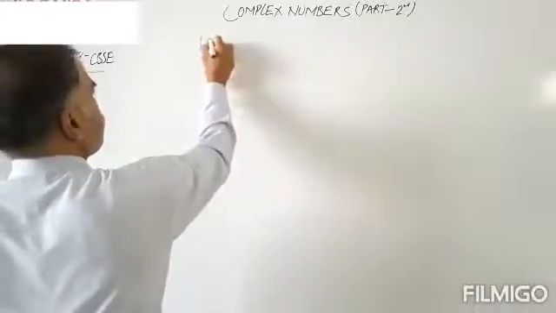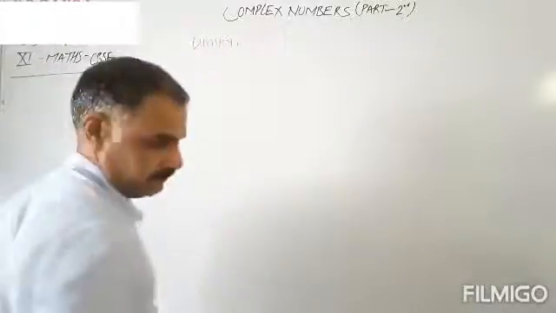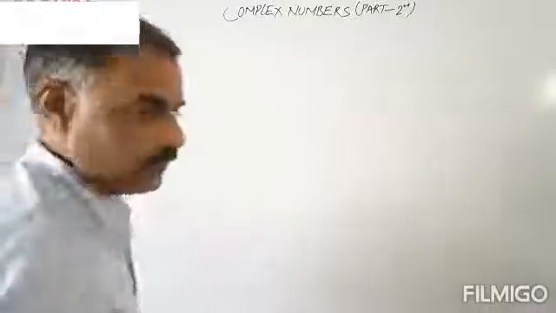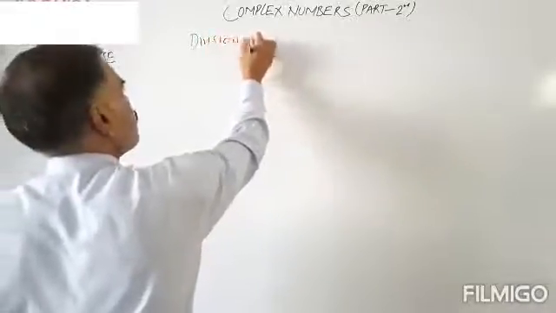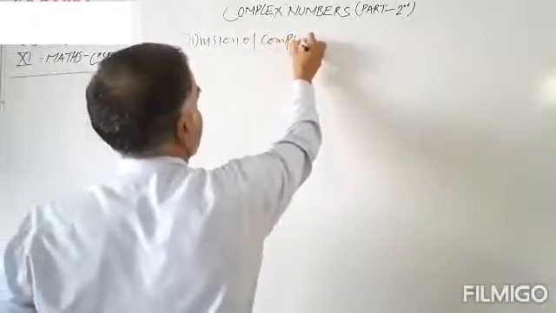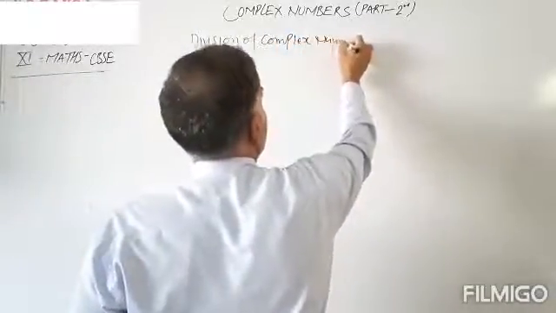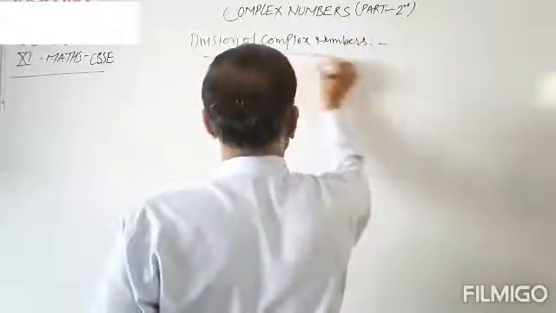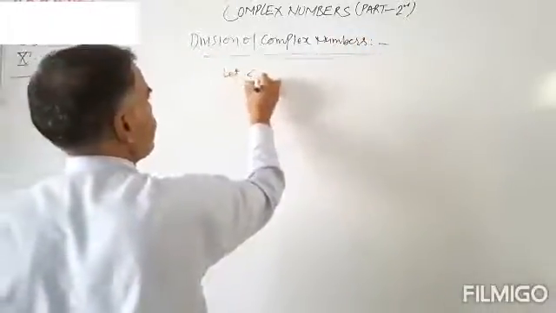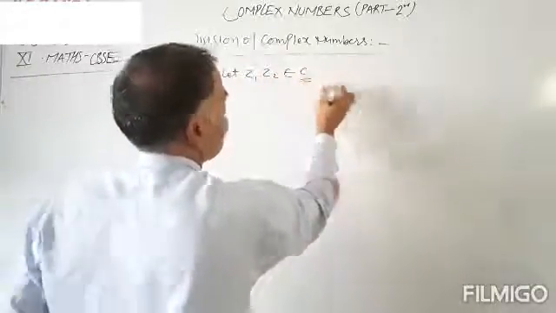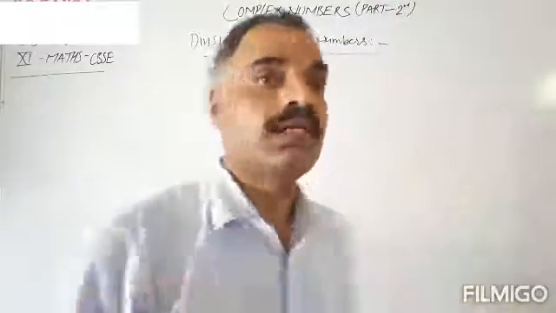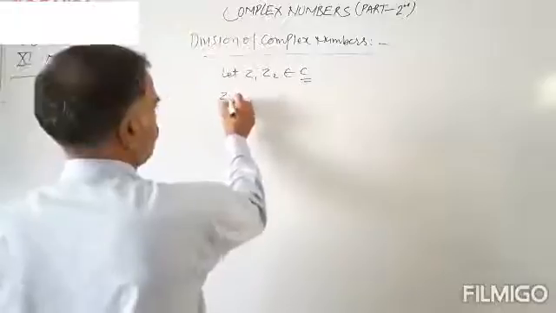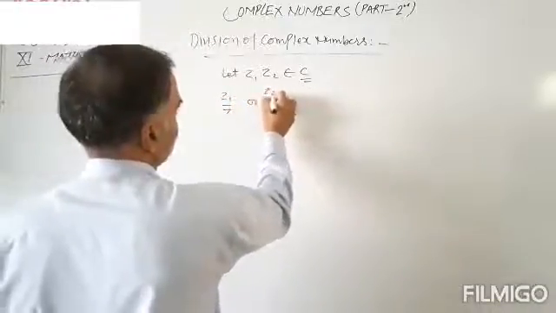Suppose that Z1 and Z2 belong to the set of complex numbers, that is C. Now division is given by Z1 upon Z2 or Z2 upon Z1.